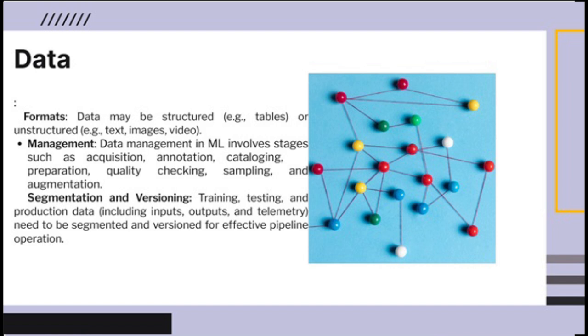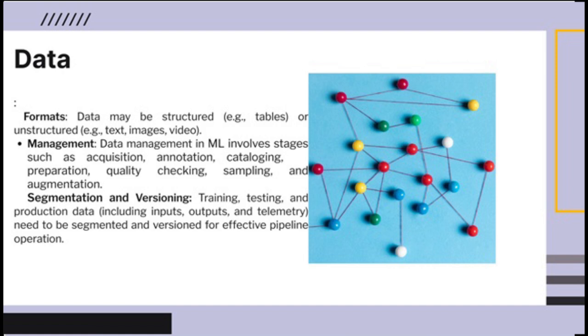Data sets consist of numerous records of similar attributes, a set of attributes. It may have a variety of different records. So that is the data format and management of this data.